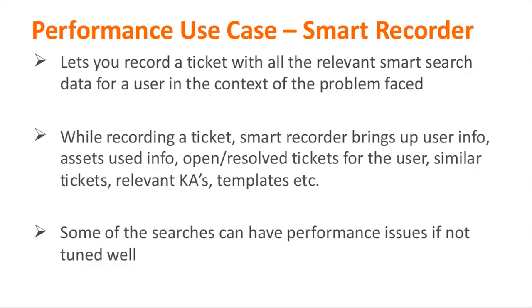So there's a lot of things happening on the Smart Recorder as you try to record the ticket. If some of the components of the application are not tuned well, that search can take time. So you need to understand what is happening, and if a certain area is not performing well, maybe look at tuning that.